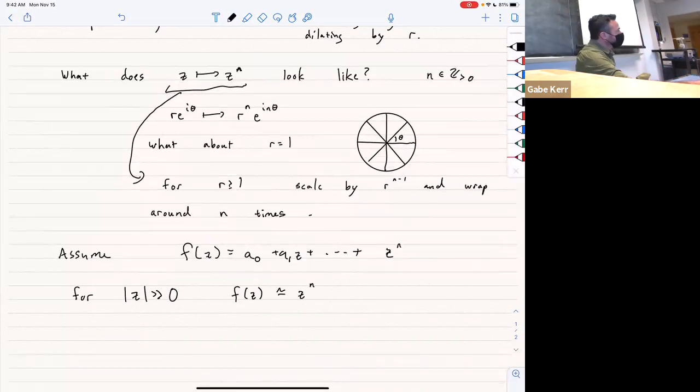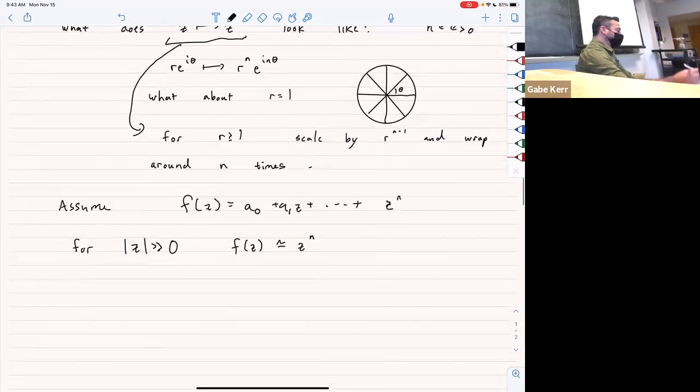It's dominated by its highest order term. The distance between this function f of z and z to the n becomes very small relative to the size of z as z gets big. Let's say we believe that.